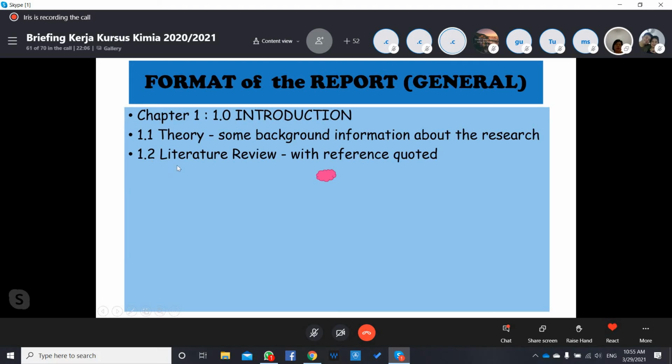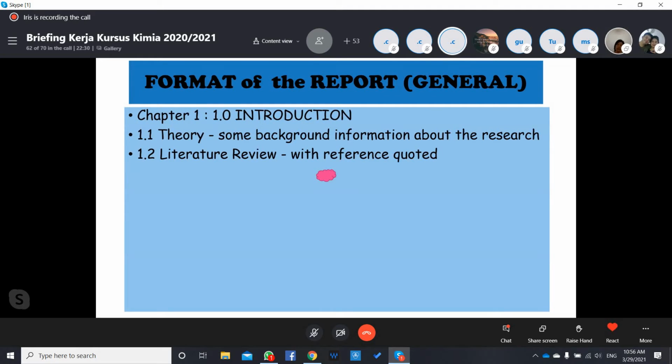Then 1.2, you can write a bit of literature review. So literature review normally is those information or the result or the research that people have done in the past, but something related to what you want to do. Maybe you want to repeat the same method that they use, but you use different sample.